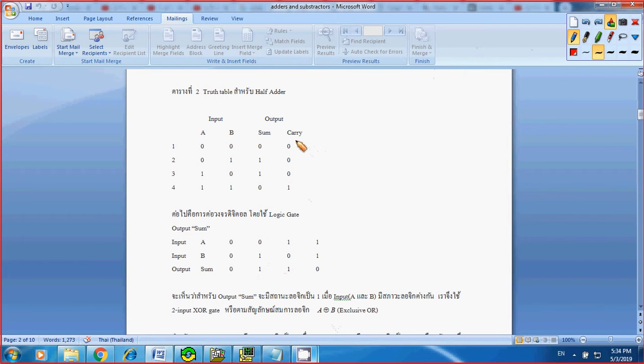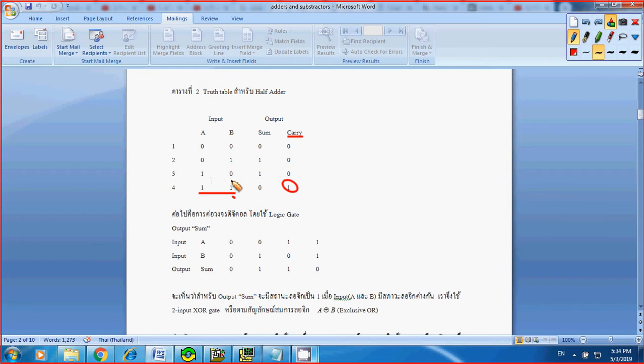Next, you take a look at the output carry. For the logic status of carry, it has only one 1 here, right? And this comes from the input A and B being 1 1. So obviously you're going to use the AND gate, because the two input AND gate gives the output 1 only if the inputs are 1 and 1.